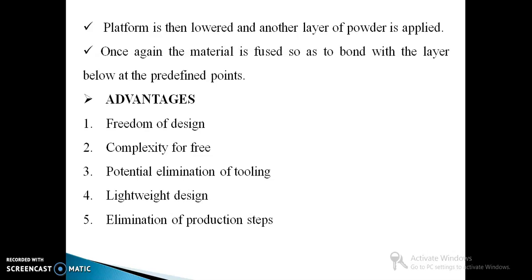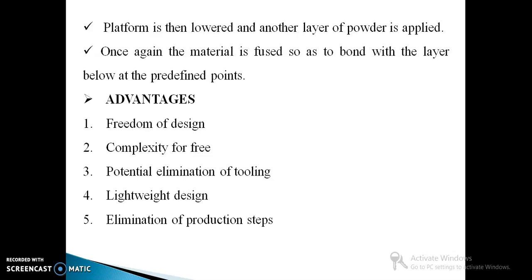Okay. Then what are the different advantages of this additive manufacturing process? First, freedom of design. We can manufacture complex components using this. Different designs can be manufactured. Potential to eliminate tooling, meaning no tool is used to manufacture; there is no direct contact of a tool with your product.